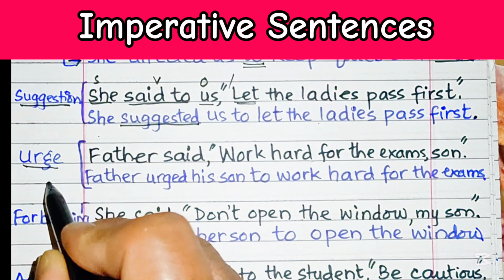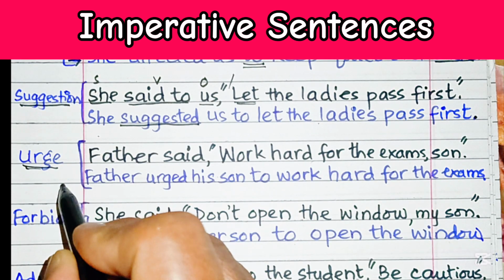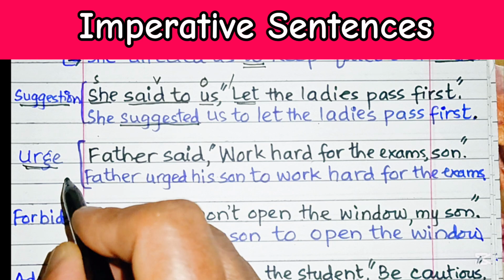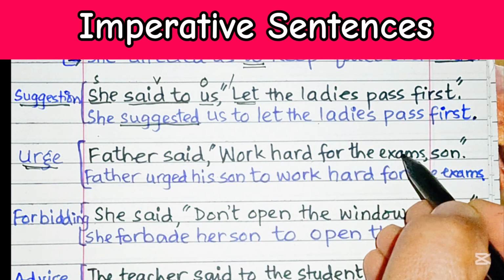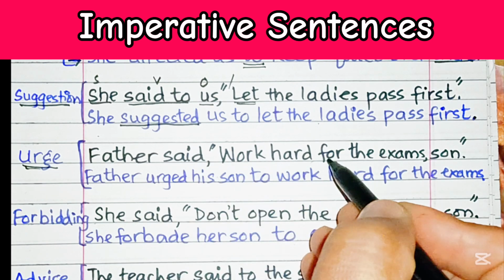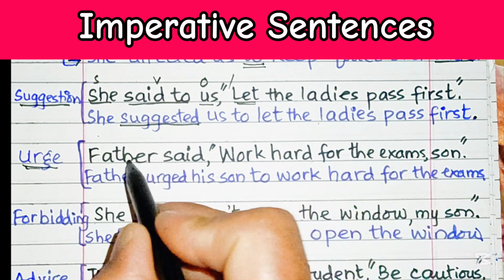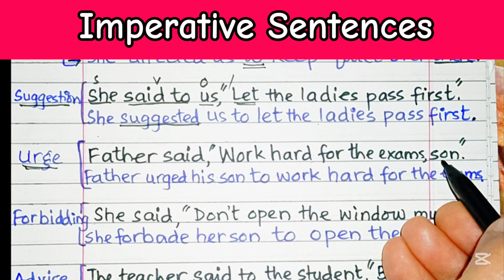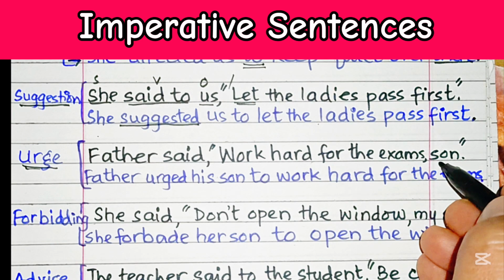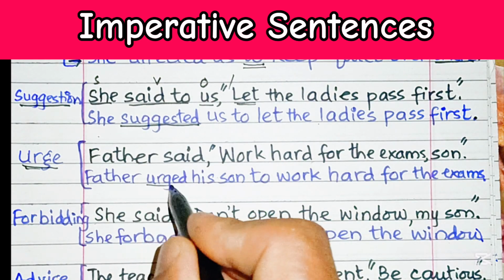Then if we urge something, we want somebody to do something, and we want to urge that person to do that thing, then we will have this example. Father said, "Work hard for the exams, son." So father is there, and he is actually urging his son to work hard, who is not working that much. Father urged his son.